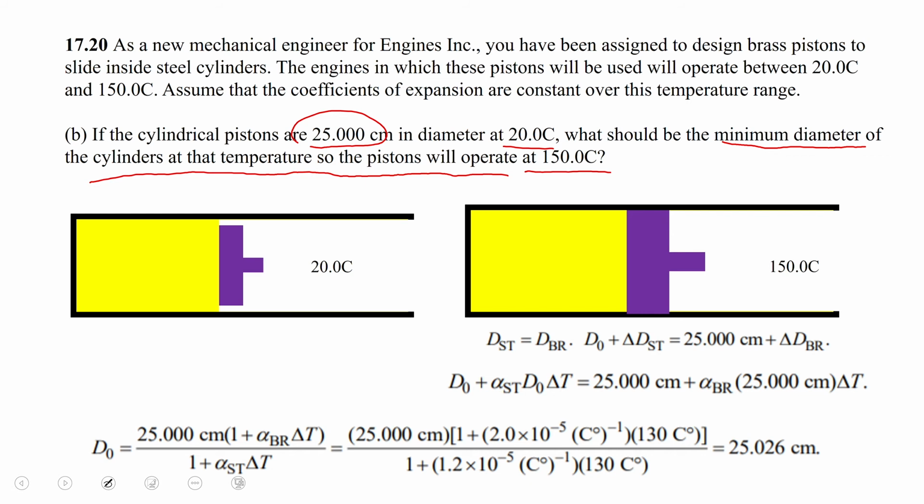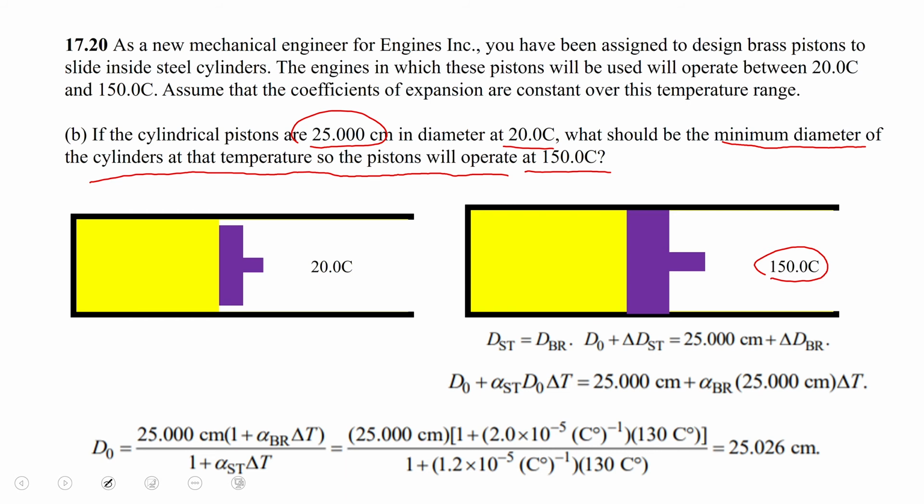So let's go to the 150 C, and we use the formula, the definition of the coefficient, and let's see if we can use the information at 150 to go back to solve the problem at 20 degrees C.